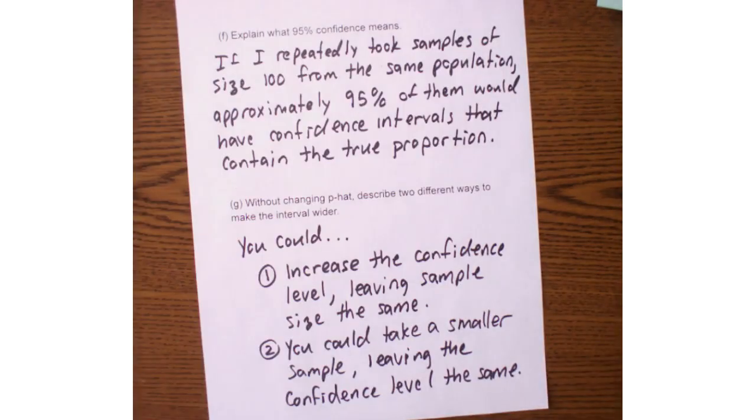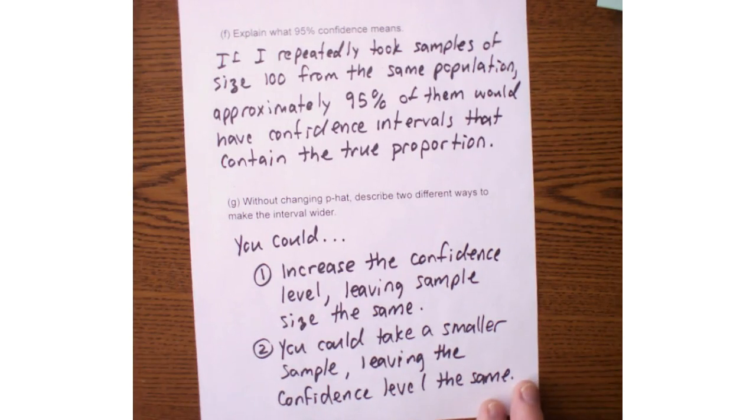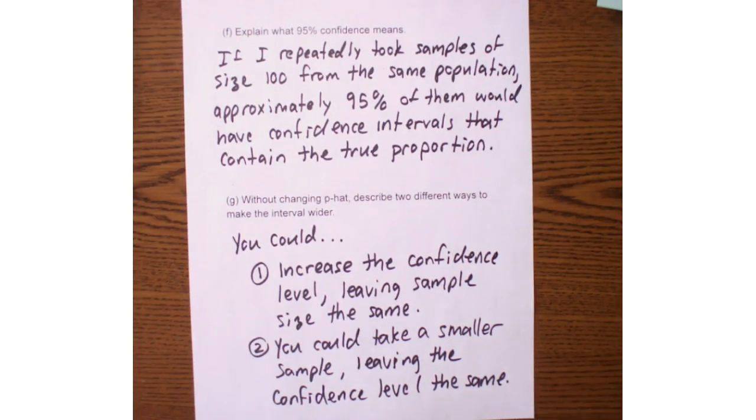And if I were to explain what 95% confidence means: if I repeatedly took samples of size 100 from the same population, approximately 95% of those samples would lead to confidence intervals that contain the true population proportion. So explaining what the confidence interval means is about my method of creating confidence intervals.